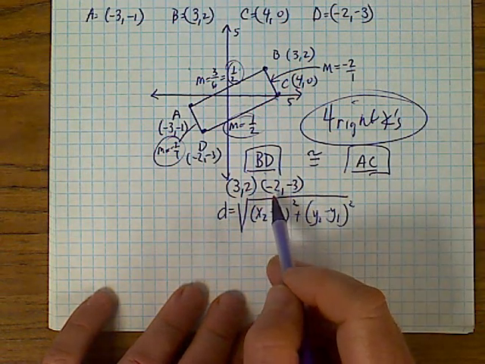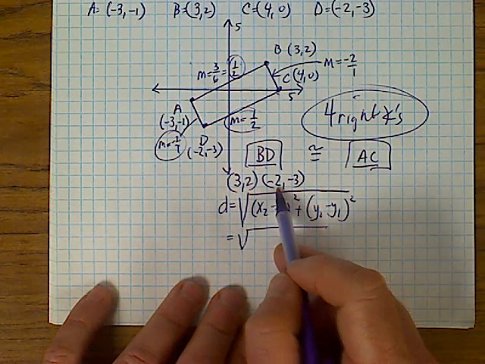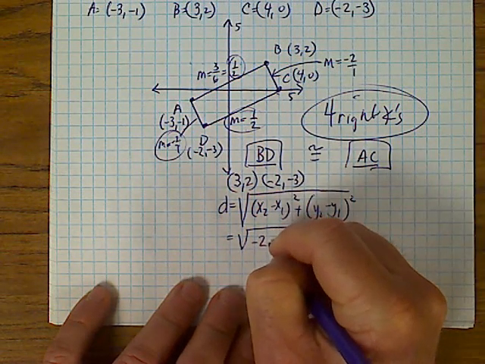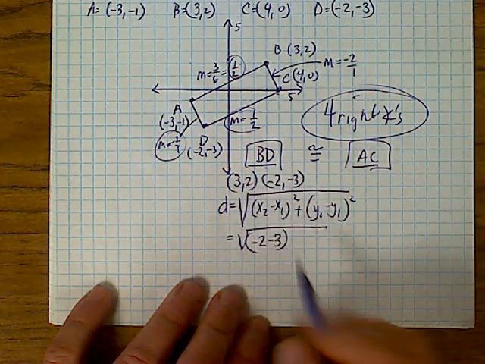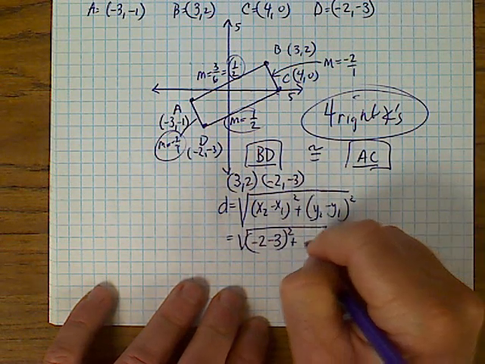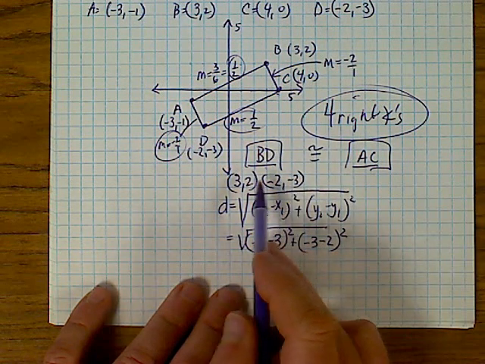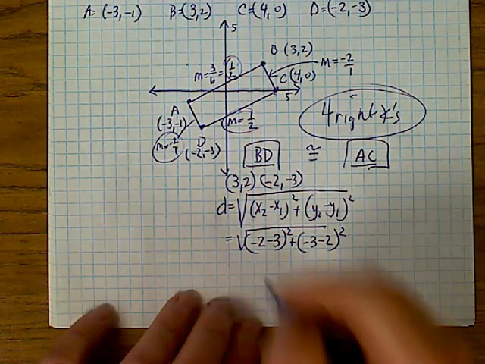So we're going to subtract the x's. This is going to equal the square root of x2, negative 2, subtract 3, and then square it. Add to it negative 3, subtract 2, square it. y2 minus y1.